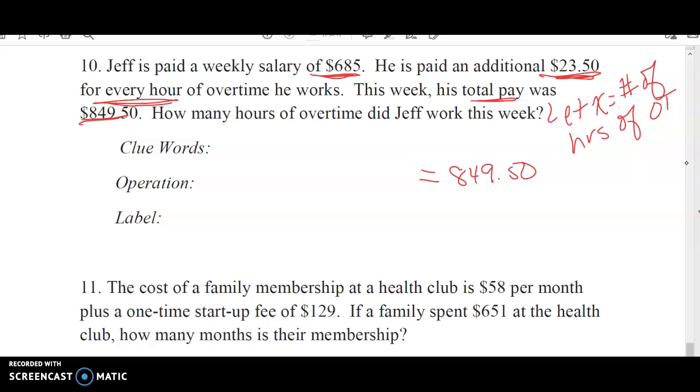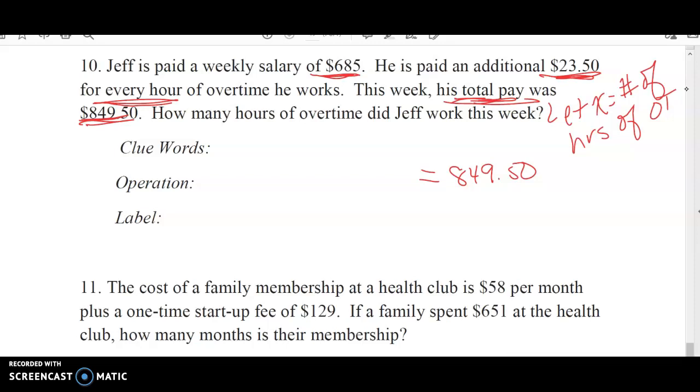So now we got one of the numbers out of the way because it said this week his total pay was $849.50. So his salary plus his additional overtime is going to add up to the total amount that he earns that week. Okay, you see the word total. So let X equal the number of hours of overtime. All right, the next thing I tell kids is your let statement talks about your hours of overtime.